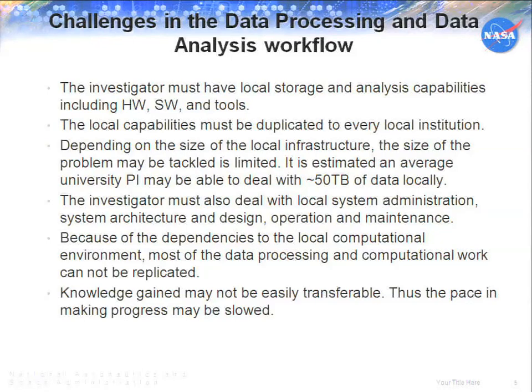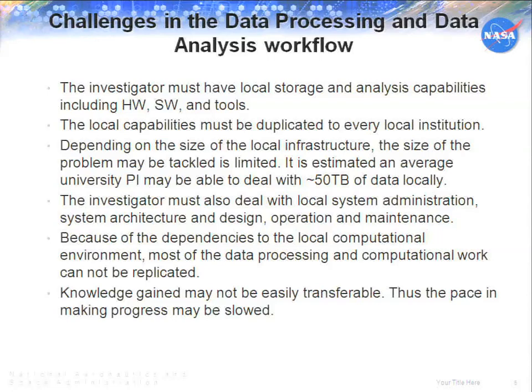So here are some of the challenges. The investigator must have local storage and the analysis capability. When you talk about analysis capability, it's typically some kind of robust software infrastructure, the tools that you want to use. That includes a lot of hardware, software, and tools.